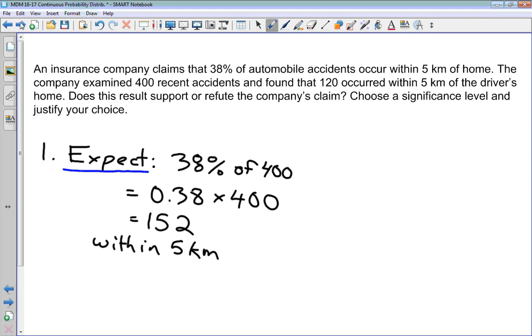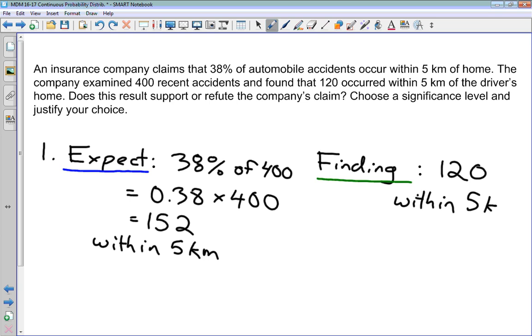Now, what was our finding from the experiment here? When we actually did the testing, we found that 120 were within 5 kilometers. Not the 152 that we expected.